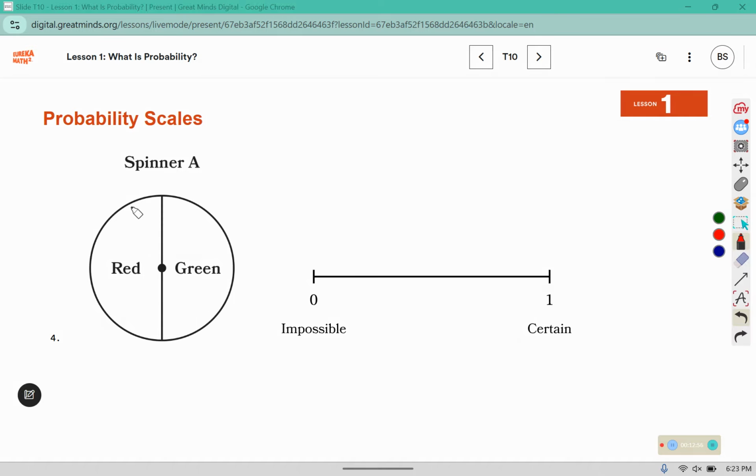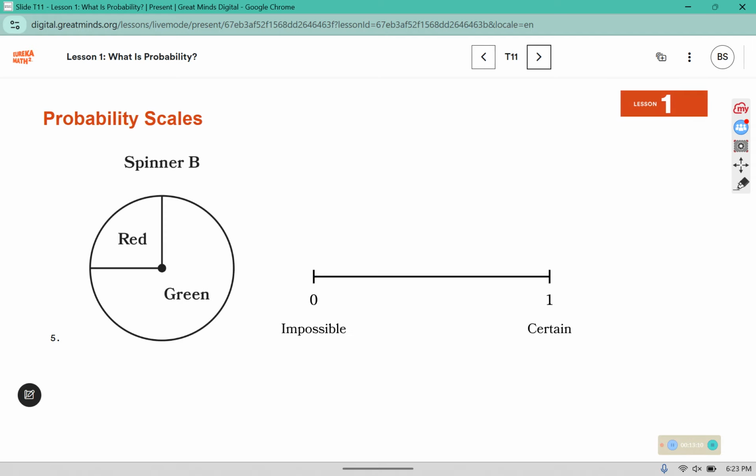This one is half red and half green, so that is right in the middle. This one, the majority is green and the small piece is red. If we broke this up into fourths, we could say 3/4 are covered by green, and 3/4 is 0.75.